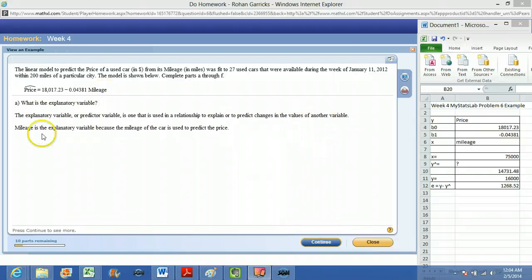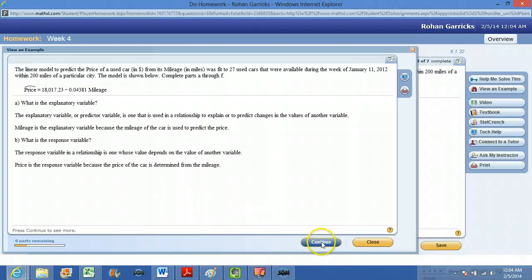So the mileage, which is the input, you would, based on the mileage, calculate the price. The mileage would be the explanatory variable, and some people call it the independent variable, and then the price would be the dependent variable, and the response variable is the price, which is also the dependent variable.